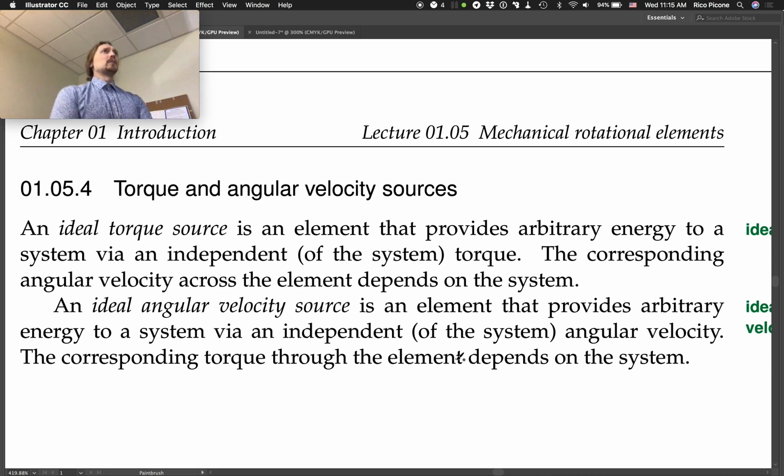As with translational mechanical systems, spring constants and moments of inertia are relatively easy to predict without any testing, but the damping is almost always the hardest thing. So we'll often try to measure that, or we'll use some detailed model or simulation to figure out what it would be.